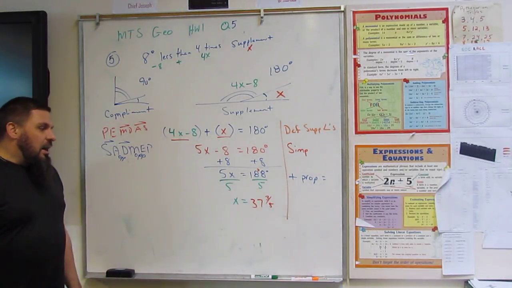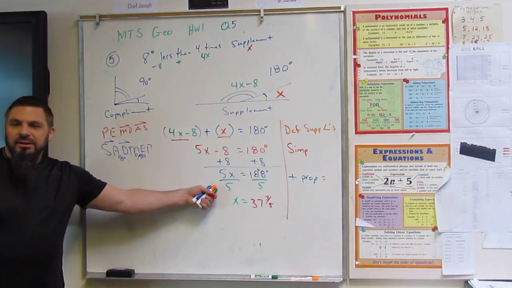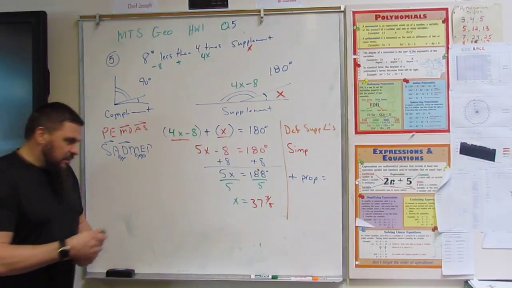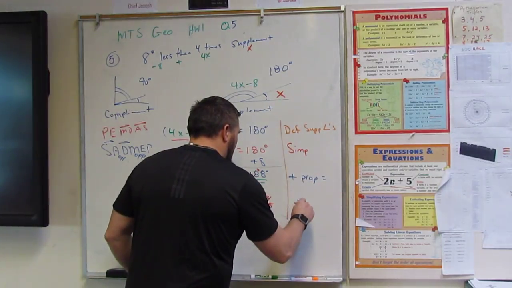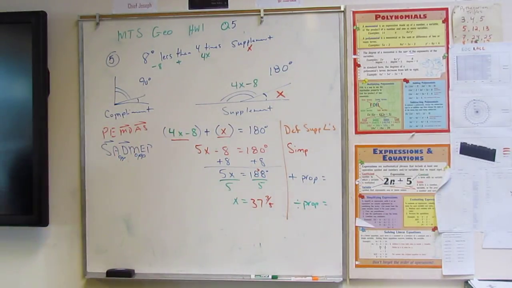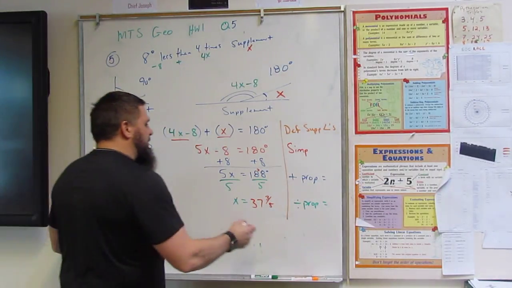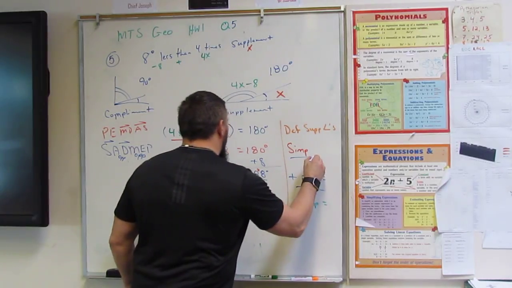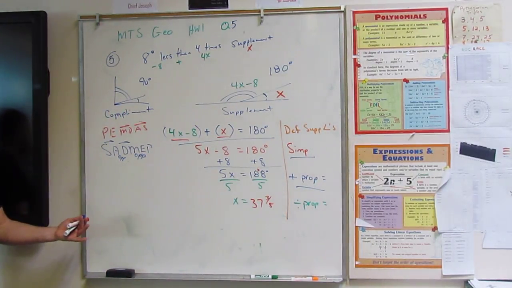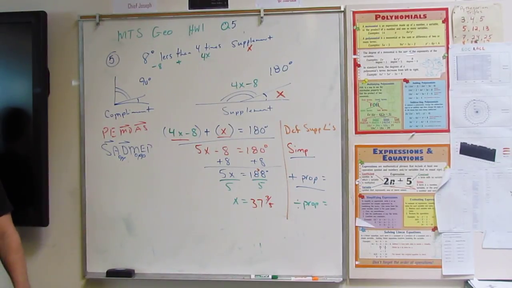What did we do here, by the way? What property is this? Division property of equality. So if they were to do this to you, boom, boom, boom, you could fill those in, because that's what it will look like on the state test.